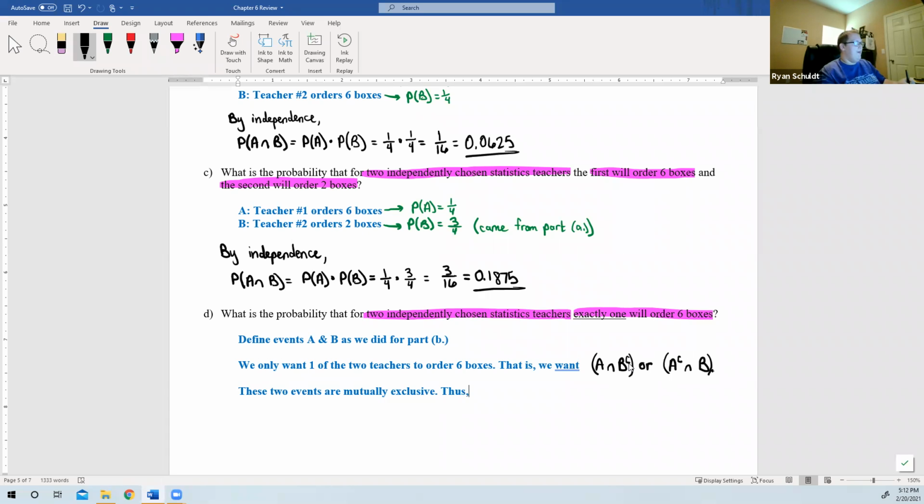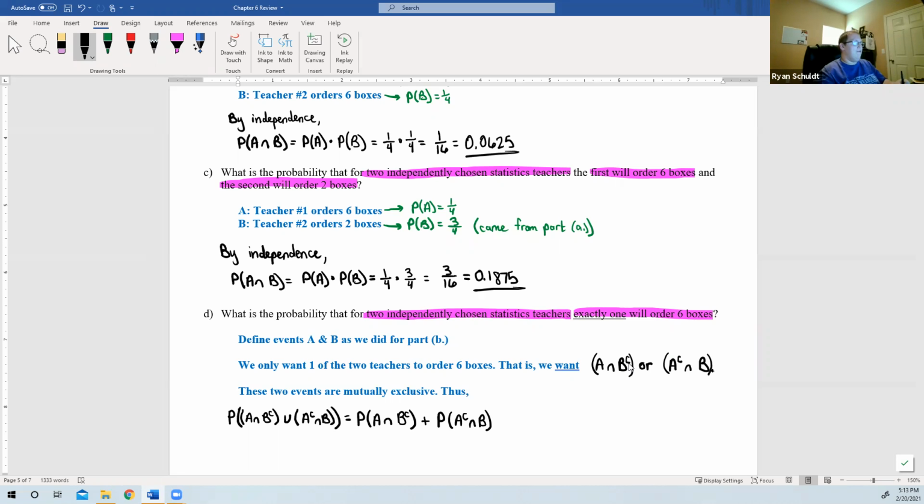So the probability that A and B complement or A complement and B occur is the probability that A and B complement occurs plus the probability that A complement and B occurs.